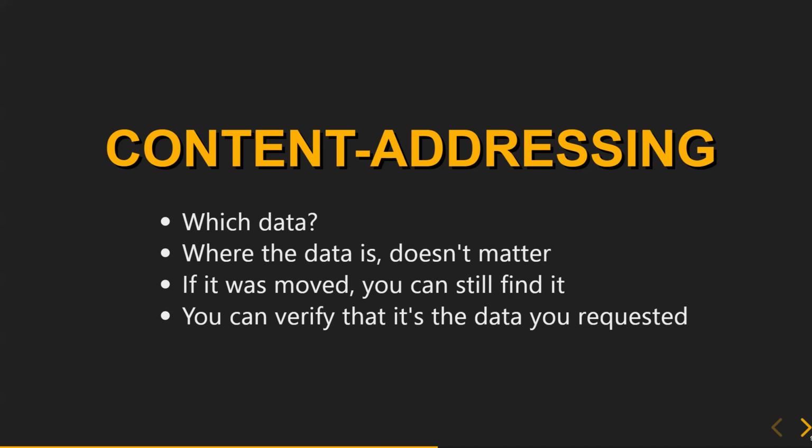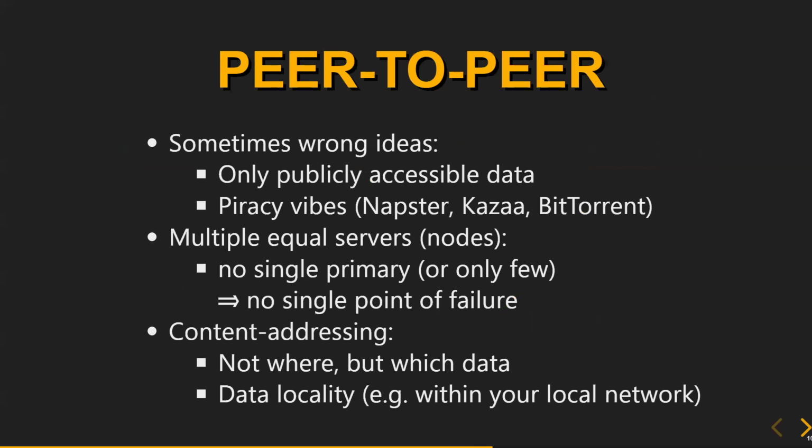If you have several servers and some servers are down, it really doesn't matter, because you can still find it, because it's not pinned to a location, but you can just find it somewhere. And just as with the ISBN number, you can verify that the thing you've downloaded is right: you build this hash again, you use this hash function to build this long number, and if the long number matches what you wanted, you know it's actually the same data. And this brings us to peer-to-peer networks.